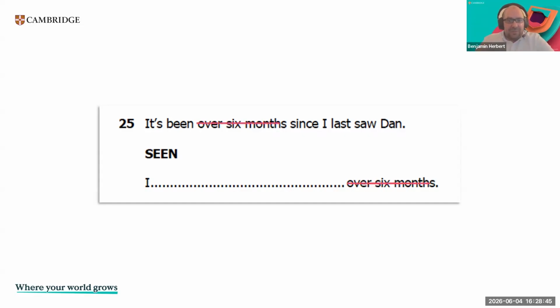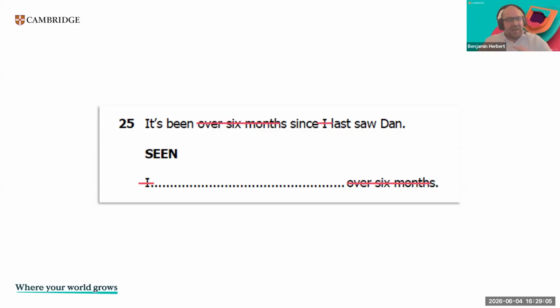We can see "over 6 months" is present in both, and also the word "I". By doing this, they can now really focus on that information, that meaning in the top sentence, which hasn't been included in the bottom one.